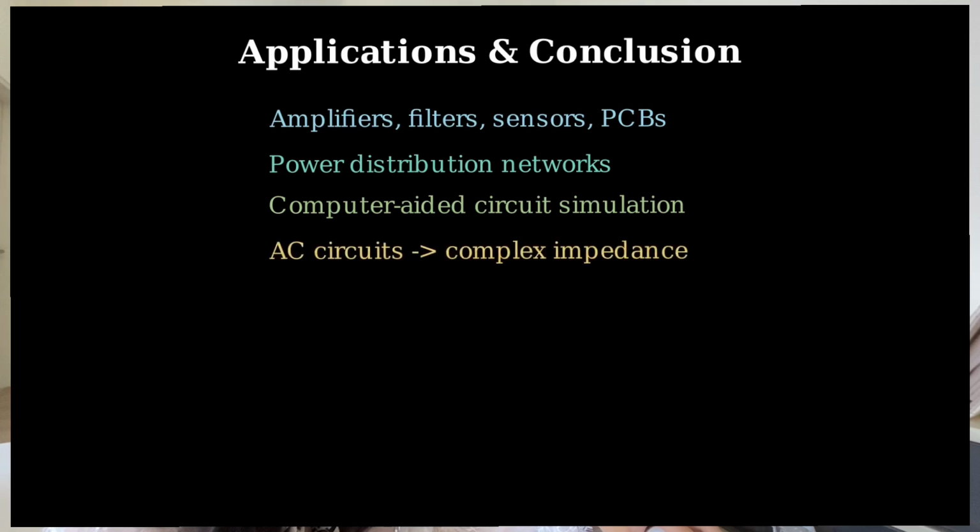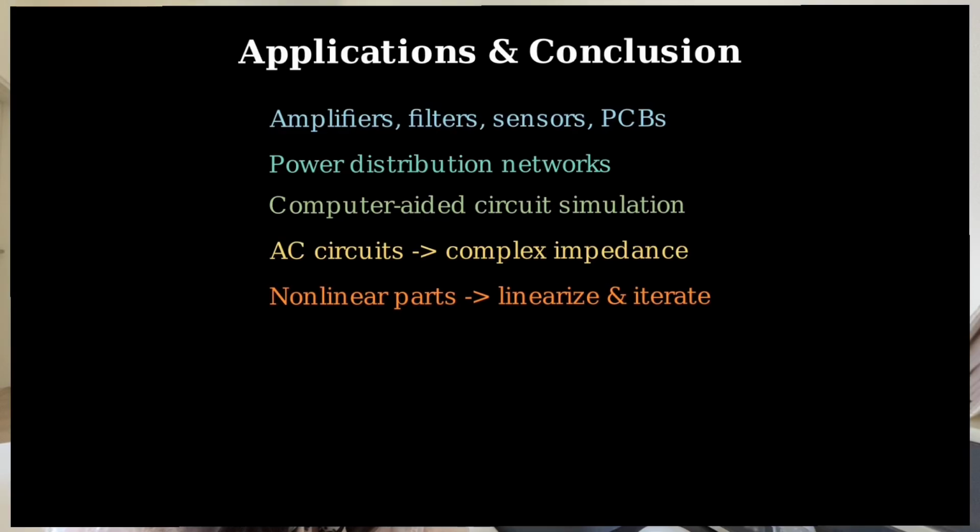The same idea can also be extended to AC circuits using impedance. In that case, the unknowns may become complex numbers, but the structure is still a linear system. For nonlinear components such as diodes or transistors, engineers often linearize the circuit around an operating point and solve a sequence of linear systems.